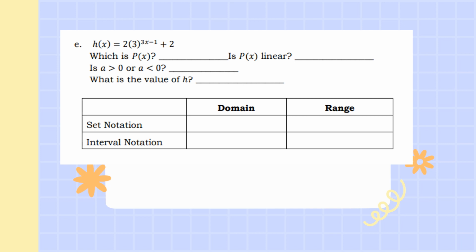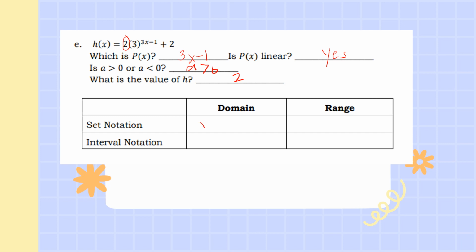For this given, we have h of x is equal to 2 times 3 raised to 3x minus 1 plus 2. Let us identify first the p of x. P of x is 3x minus 1. Is this linear? It's a yes. Is the value of a greater than 0 or a is less than 0? As you can see, a here is 2. So a is greater than 0. H is positive 2.